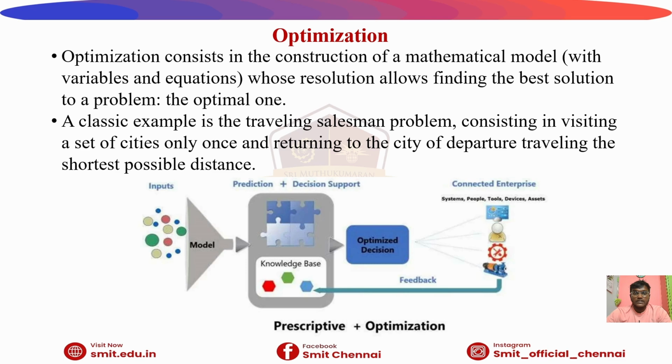A salesman must visit a set of cities only once and return to the starting city. The goal is to travel the shortest possible distance. This is an optimization problem, finding the best route among millions of possibilities. In business, optimization applies to supply chain routing, production scheduling, investment portfolio selection, and many other areas.